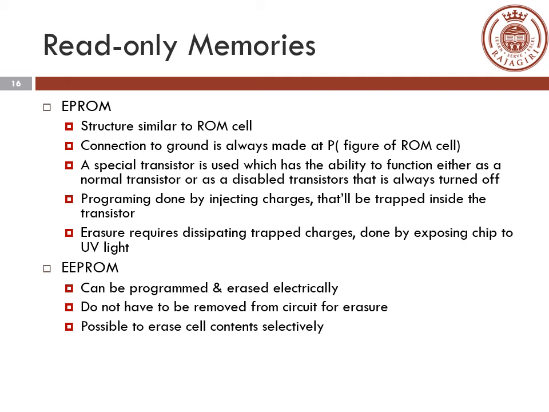We can make that transistor a normal transistor or a disabled transistor by programming it, by injecting charges into the transistor, as I have shown you with the floating gate. When you inject the charges, they get trapped inside the transistor, and it is made a disabled transistor.